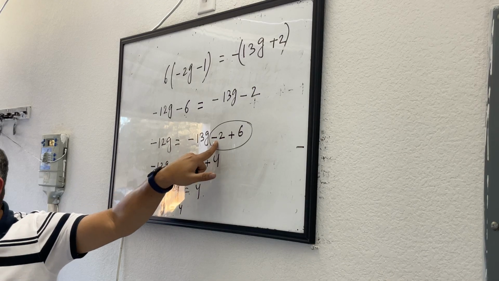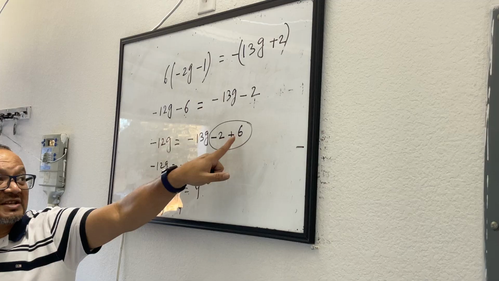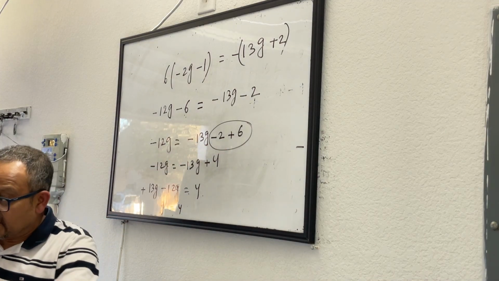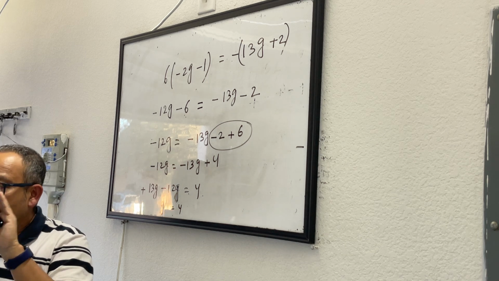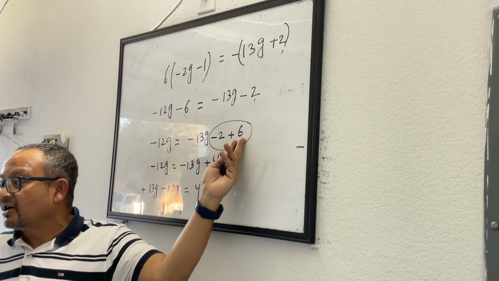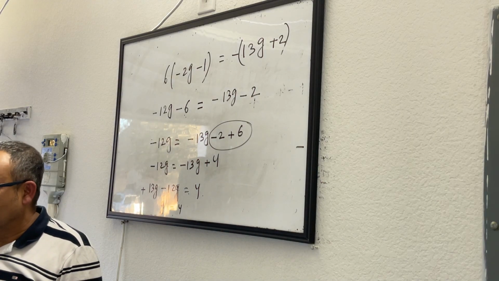Anything positive is my earning, anything negative is my debt. Okay? So 6 is my earning, 2 is my debt. So as soon as I earn, I will clear off my debt. So let's say I earned $6. Oh, I paid off 2. I have 4 remaining. Yeah?